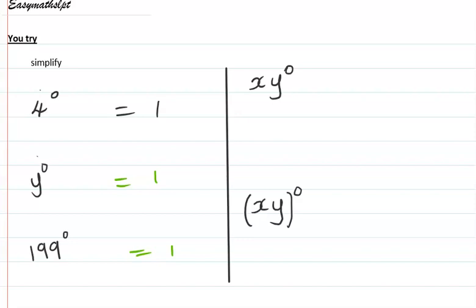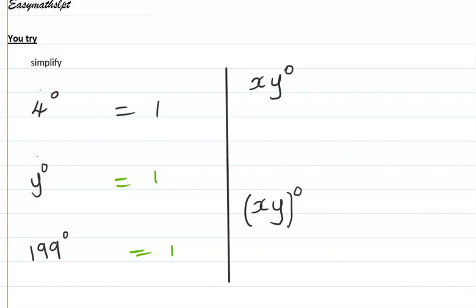x multiplied by y to the power of 0, is this equal to 1? Let us expand. Now, if we notice, this x does not have a power above it. The y has a power of 0. Now, as we did in the previous section, anything raised to the power of 1 is equal to itself.